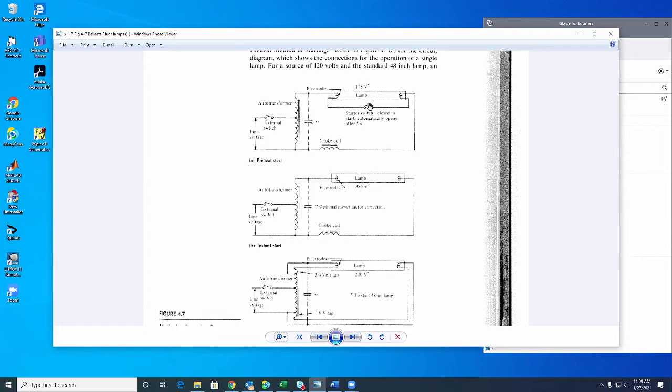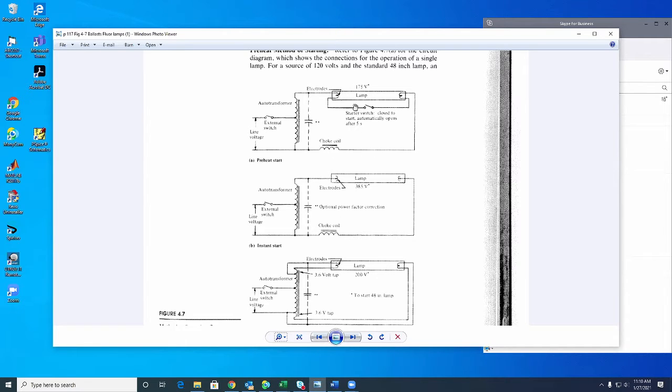Okay. Now the first and third are similar, except that in the first there is a switch which is closed at the beginning so that the current can circulate through the filaments, through the switch, which is closed, again through the filaments, and then close the circuit.